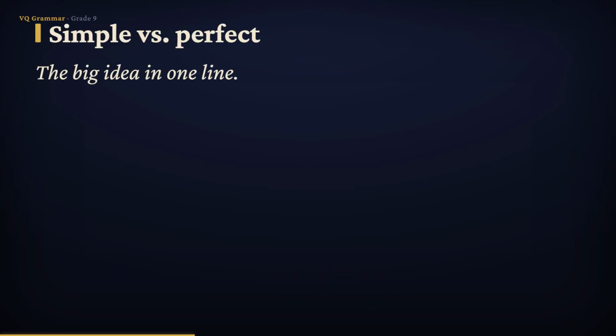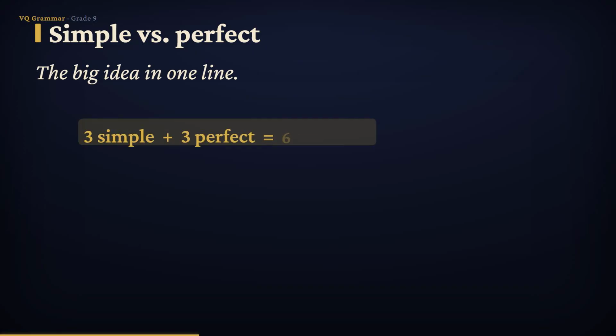So here's the big idea, boiled down to a single line. 3 simple tenses plus 3 perfect tenses equals 6. That's the whole family. The simple tenses just name a time, present, past, or future. The perfect tenses do something extra.